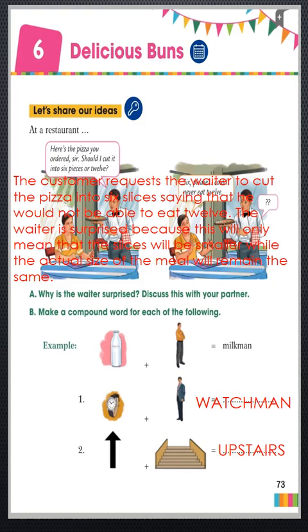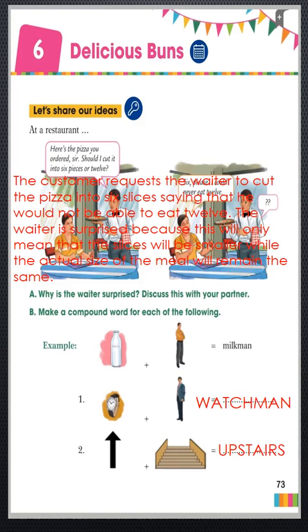Now next, B: make a compound word for each of the following. What is a compound word? As you can see in the picture, first there is a bottle of milk, and the second picture is a man. So with these two words, one word is made, that is milkman.